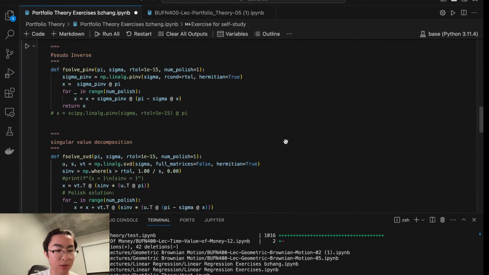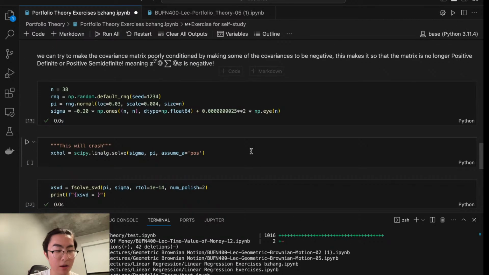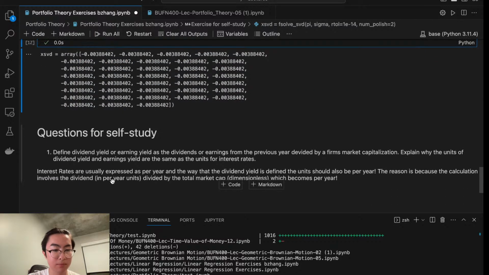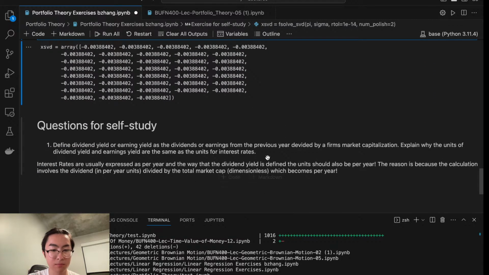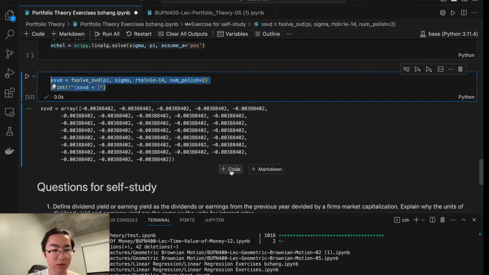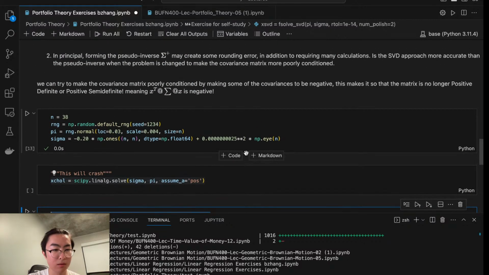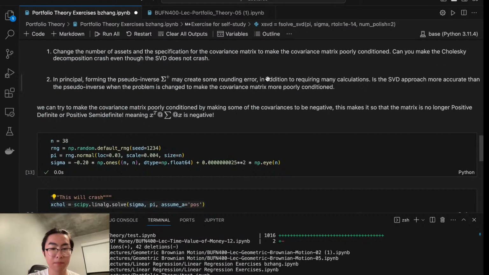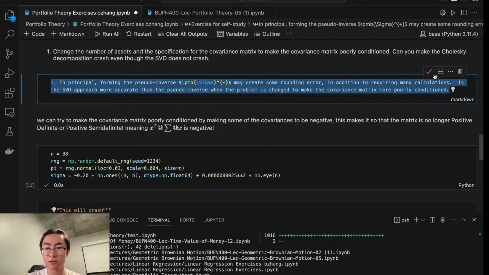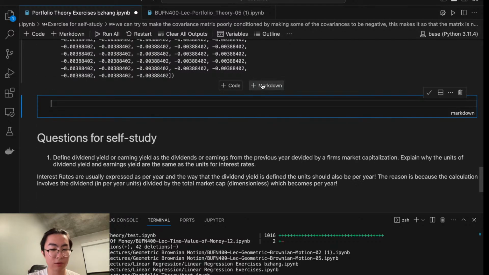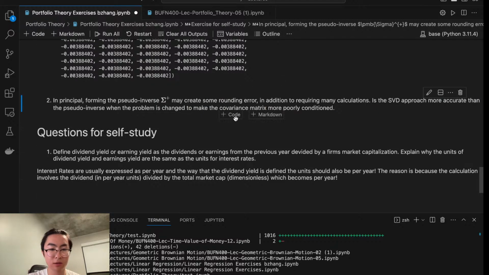Okay, so is the pseudo inverse more accurate compared to singular value decomposition?